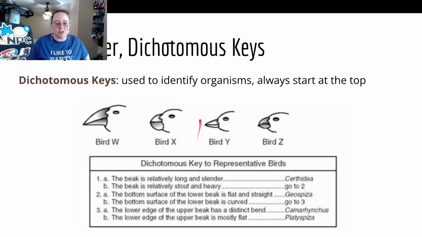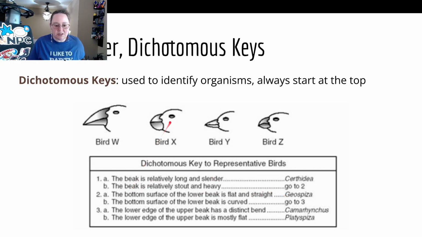So, again, if we do bird X, we would start back at number 1, even though we could say, hey, that's a big honking beak. Still, we go back. Number 1, the beak is relatively long and slender? No. The beak is relatively stout and heavy? Definitely. Go to 2. The bottom surface of the lower beak is flat and straight?